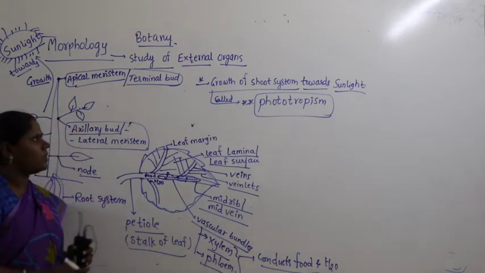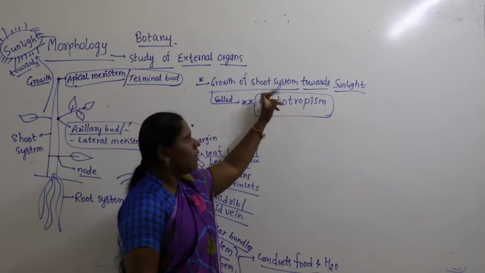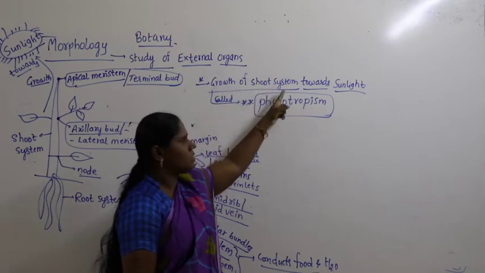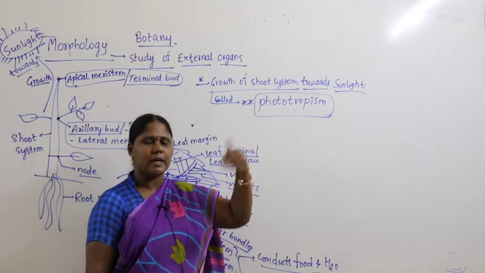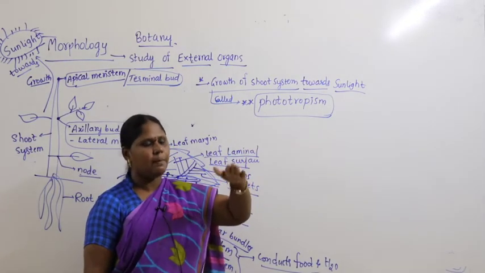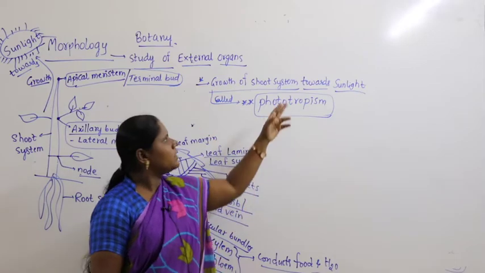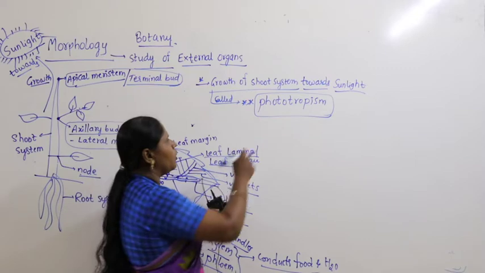What's the meaning of this? Growth of the stem, that means growth of the shoot system, is taking place where? Upper to the level of soil, ground, upper level to the soil. That is towards sunlight. So, this is called phototrophism.